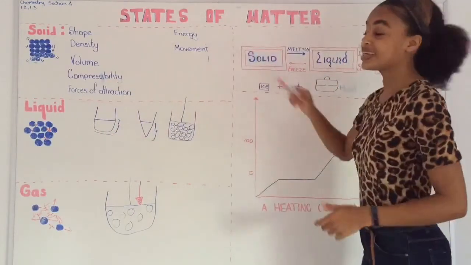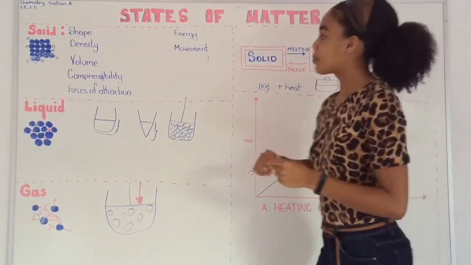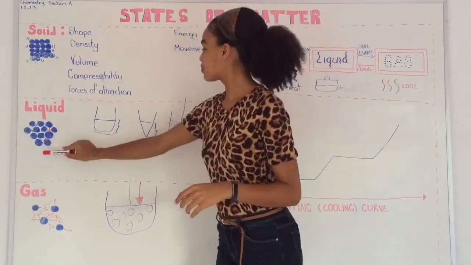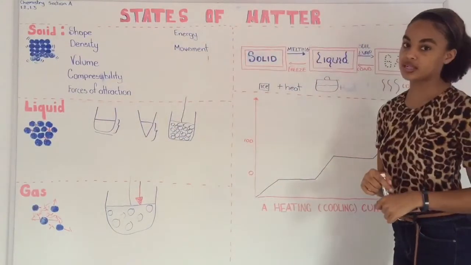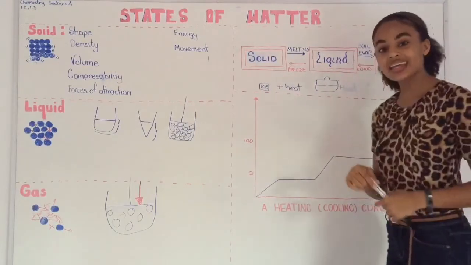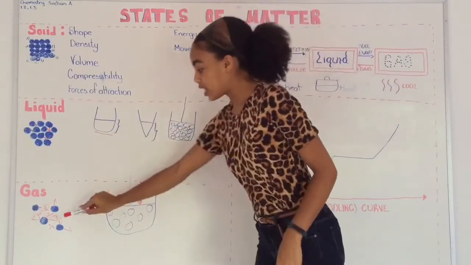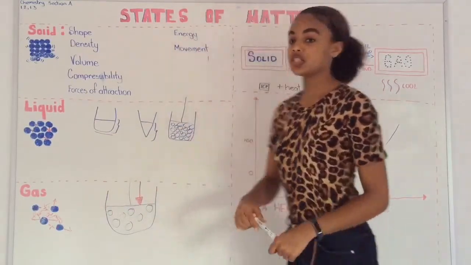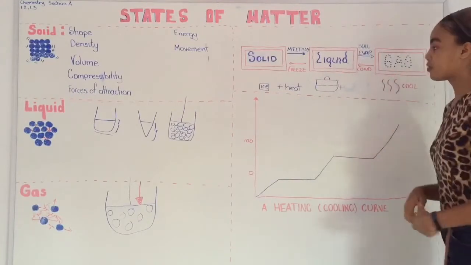Now when you add heat to the solid, you're giving the particles some kinetic energy, so they become further apart and they start forming liquid, which is why we get a liquid when you heat a solid. Now, if you heat a liquid, you're adding some more kinetic energy to the liquid, and with this increase in kinetic energy, you might just be able to get gas.